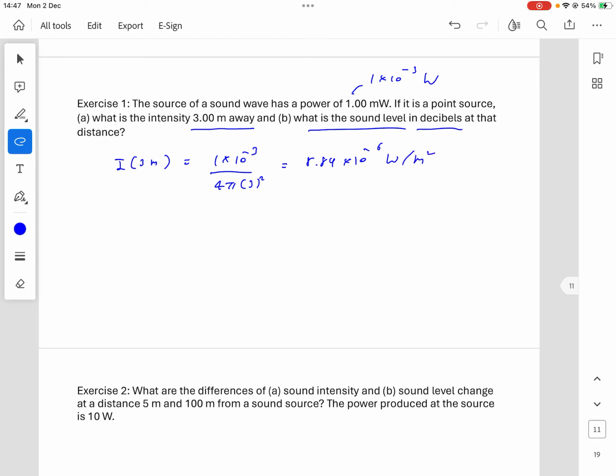the sound level in decibels, I will call it beta, and beta at 3 meters equals 10 decibels multiplied by log of I, that is 8.84 times 10 to the minus 6 divided by 10 to the minus 12.